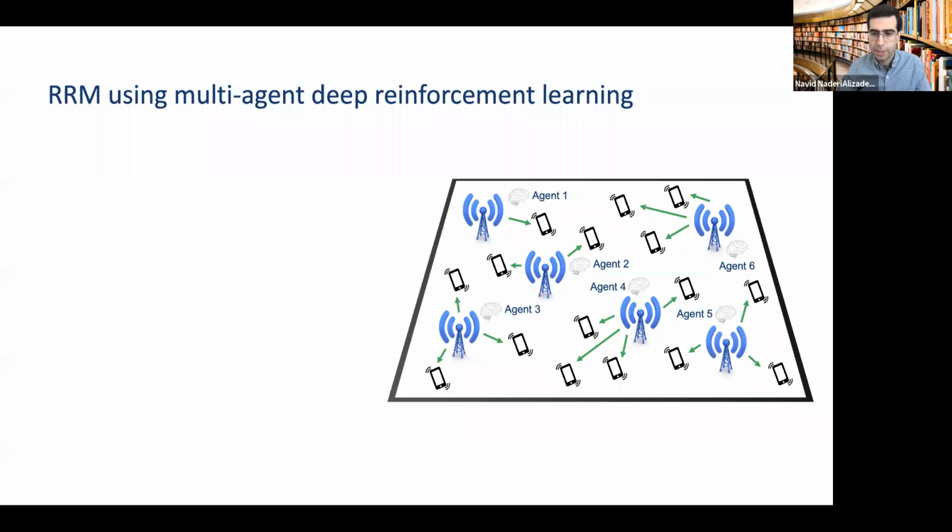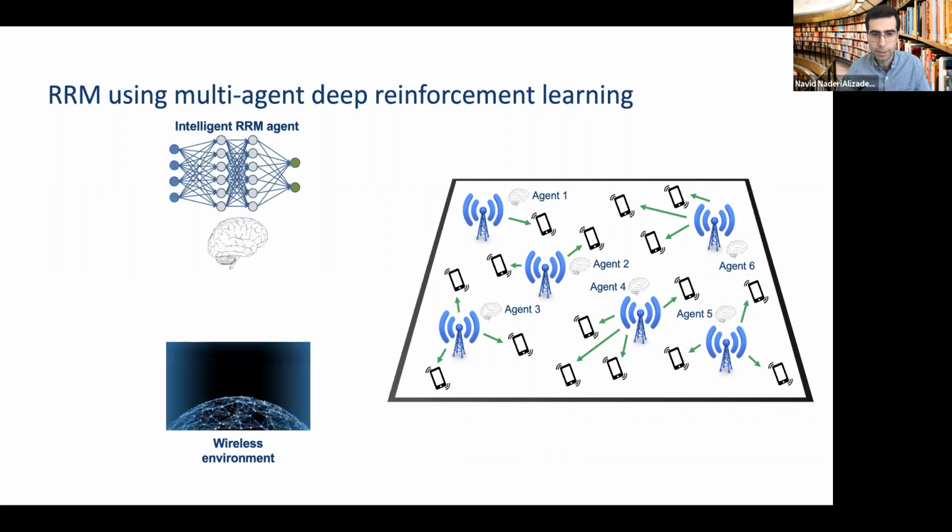And for that, as I mentioned, we relied on multi-agent deep reinforcement learning. As you can see, we equip each of these APs with an agent, which is going to be distributed. It's basically a neural network that, like all reinforcement learning agents, is going to interact with the environment, which is going to be our wireless network here.